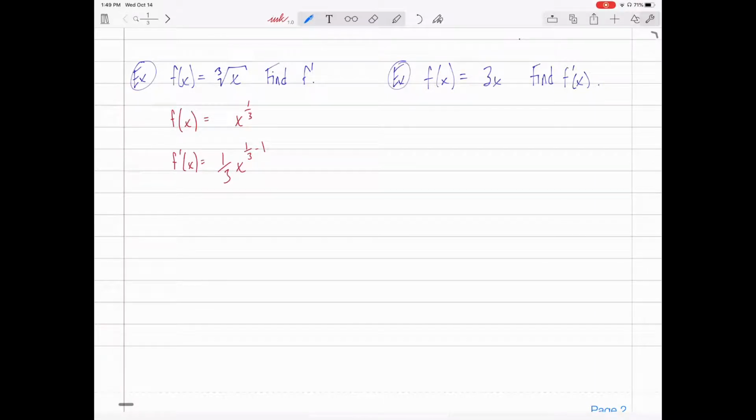Now, you'll get really used to subtracting these fractions. You'll be able to do this in one step, but that's 1/3 x to the 1/3 minus 3 over 3, or 1/3 times x to the negative 2/3. And if you want to clean that up like the last one, you could say 1 over 3 times the cubic root of x squared.